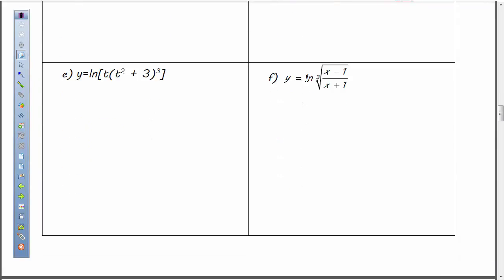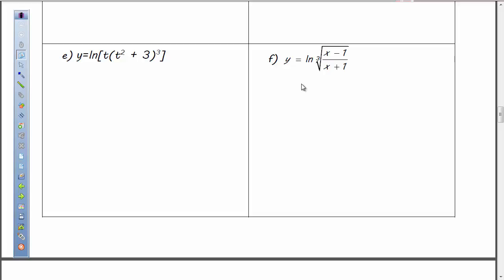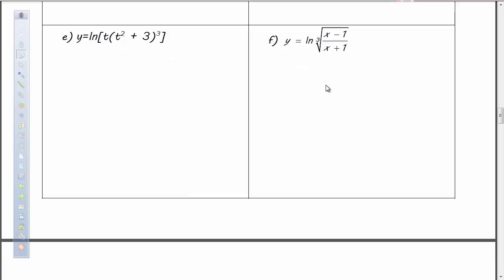Okay, so here we've got y equals the natural log of the cube root of x minus 1 over x plus 1. Why don't you give that a shot on your own?